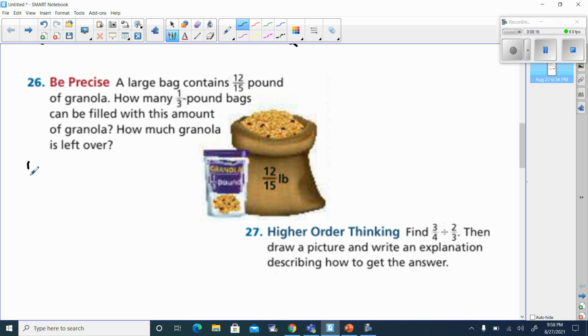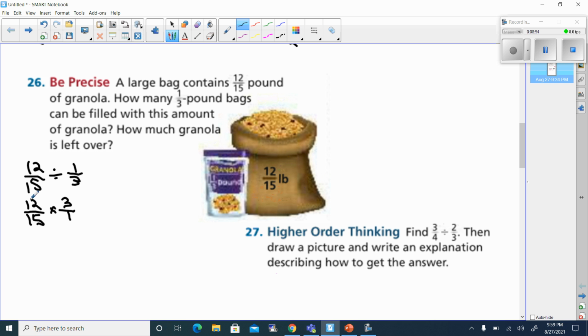Well, if we have 12 over 15 pounds, and we want to divide that by 1/3, remember, this is the same 12 over 15 times 3 over 1. We find that reciprocal, right? That inverse of 1 over 3.